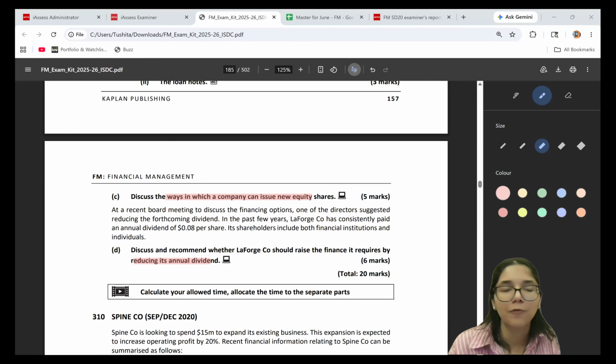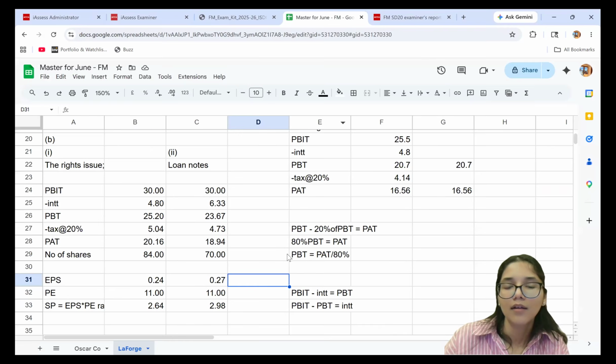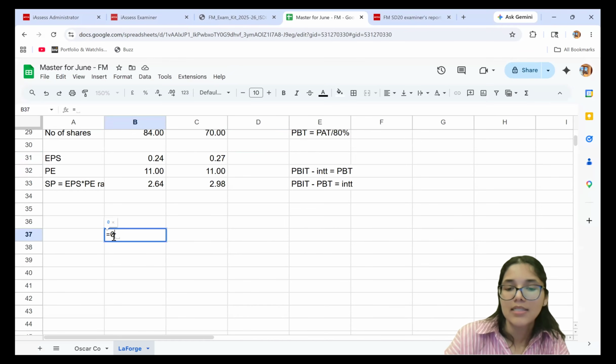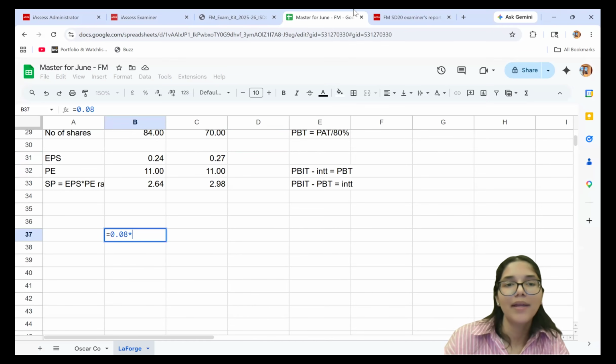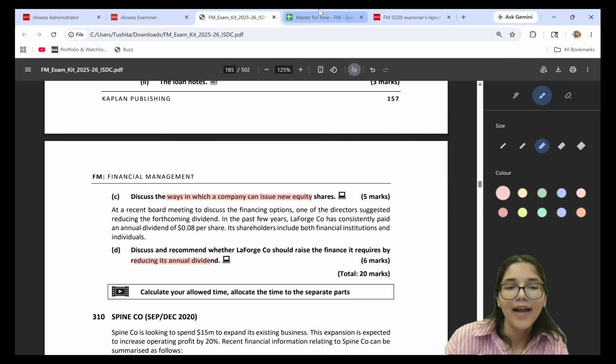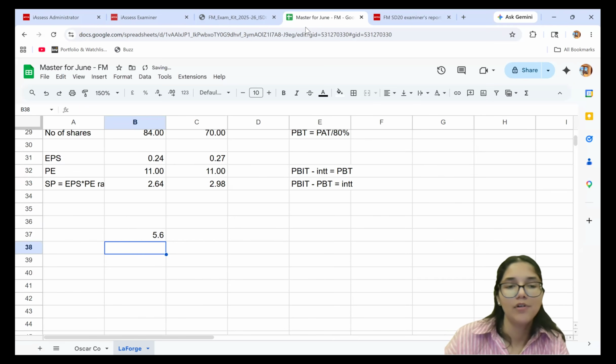Should they go ahead and do this or not? So firstly, we're talking about the discussion part. What do you people think? How much money can the company save if they reduce the annual dividend? They are consistently paying a dividend of $0.08 per share, and they have 70 million shares.